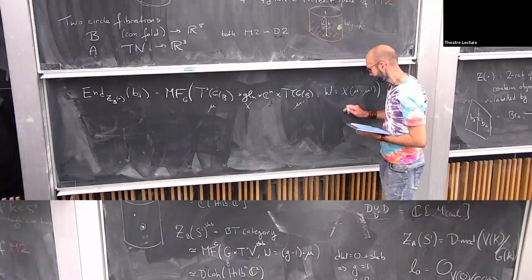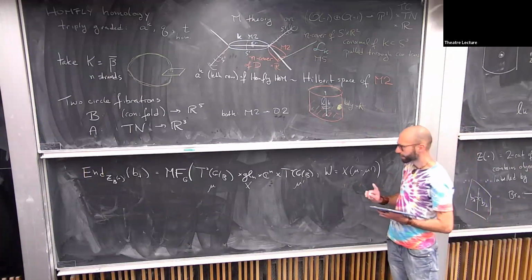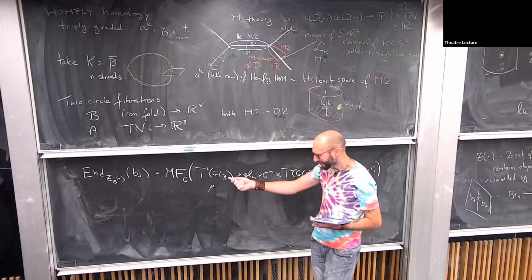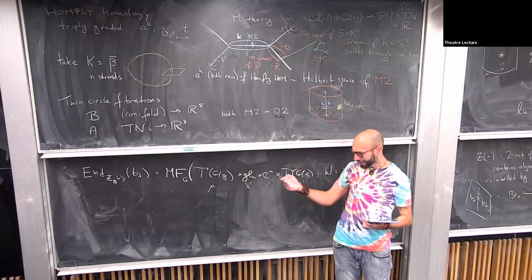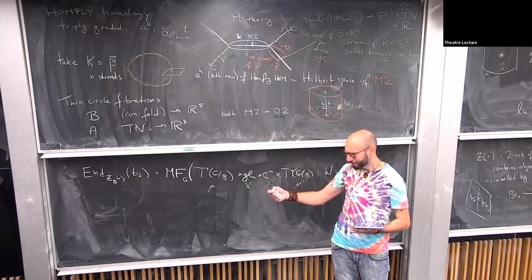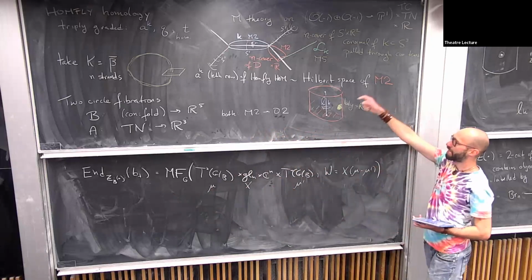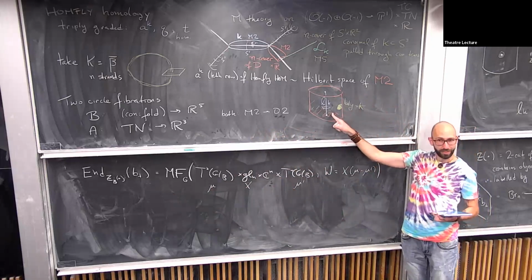We'll finish on time. Right. How, if you know a braid group representation in endomorphisms of this object in a two category, how do you actually extract, not homology, or how do you extract a vector space associated to the disk?